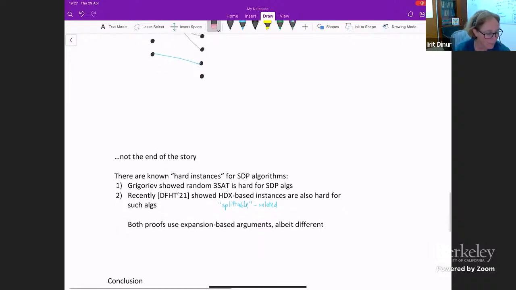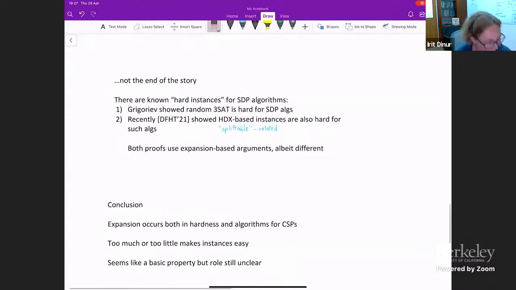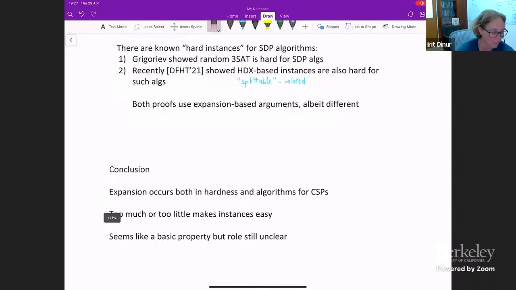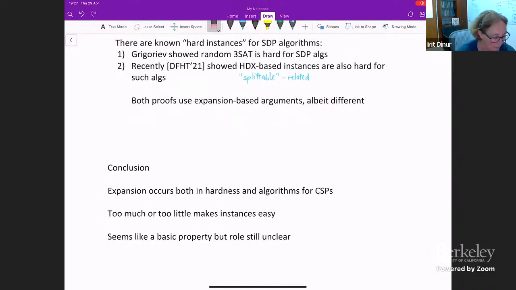And in all of these proofs, you prove hardness using expansion, but these are different forms of expansion. So I don't know. It's a story without a nice conclusion. It's more like the beginning of a story, maybe. To conclude, let me say what we talked about: CSPs and their structure.